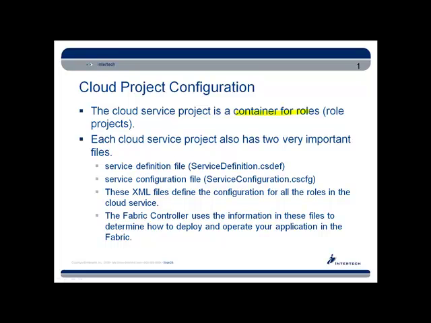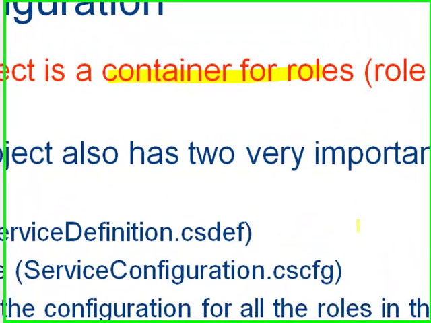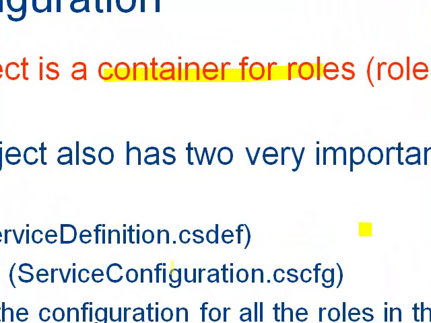The cloud service project also is the house for configuration information. In fact, that configuration information is represented by two very important files. One of the files is something known as the service definition file. The service definition, CSDEF file, as we'll learn, is static, never changing. The other, the service configuration file, provides information that is a little bit more dynamic.